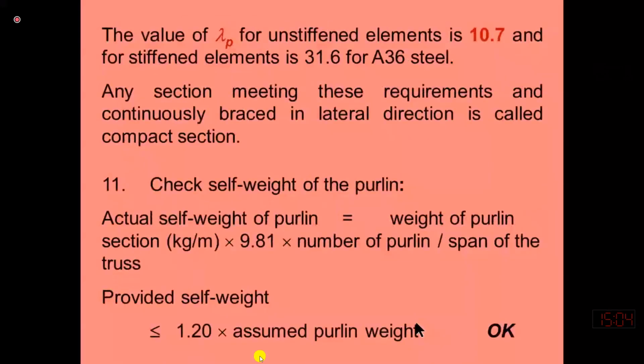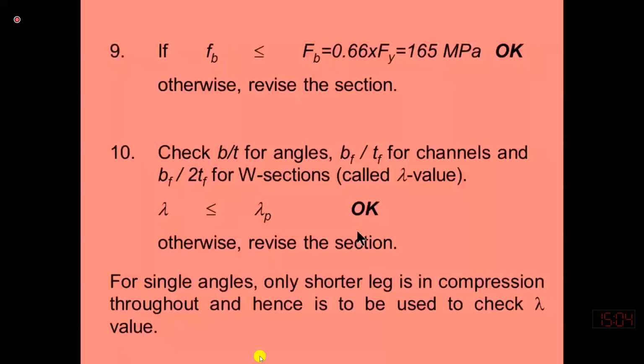And then we need to check the local buckling. I told you that whenever a steel member is subjected to compression, there are chances of local instability or local buckling. In case of the beam, when it is subjected to bending moment, half of the beam section is in tension and half is in compression.